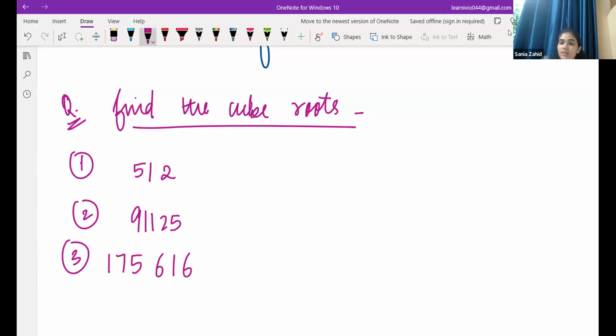You remember as we discussed in the last class how you find the cube roots by prime factorization? You first do the prime factorization of the number, then you form the triplets and then you multiply them, right? Will you be able to do this? Quickly do this and then we'll move ahead with the next question. Harmeen, do it.